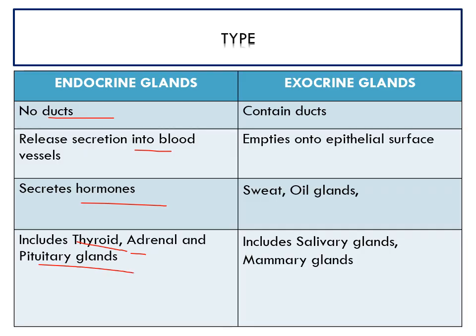And then we have the exocrine glands. Exocrine glands are usually glands with ducts. They are glands that tend to empty their epithelial secretions into those ducts, and those ducts will eventually drain the secretion onto an epithelial surface.